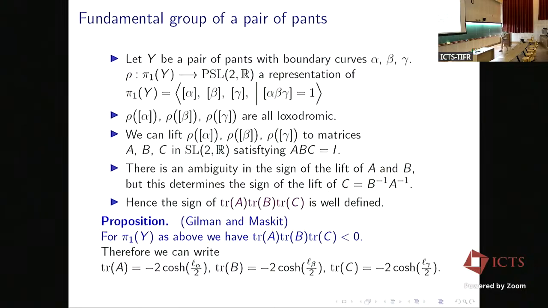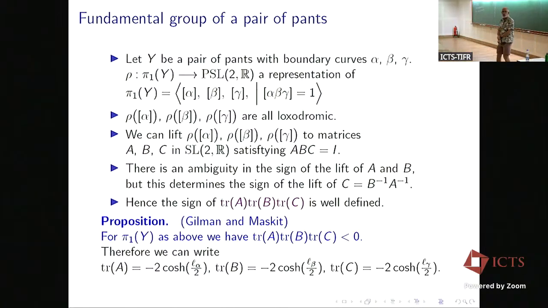So now, remember, I'm thinking of the fundamental group of the pair of pants as a 3-generator group with one relation, namely the product of the three boundary curves should be the identity. So I'm going to think of representations of that to PSL2R.